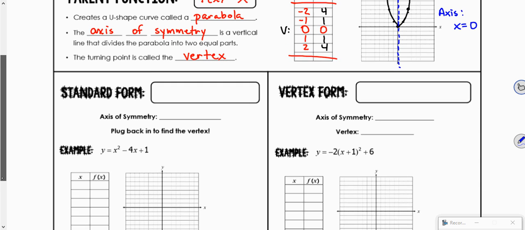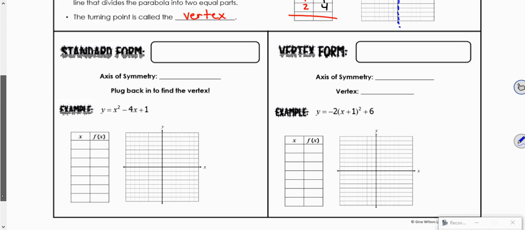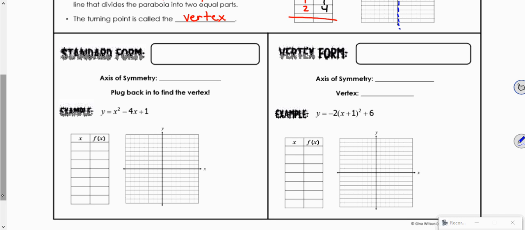Now, standard form and vertex form. We first learned standard form. Standard form is y or f of x, it doesn't matter which one you use, ax squared plus bx plus c. Okay, that is standard form. For the axis of symmetry, this is where we learned that little formula for the x.